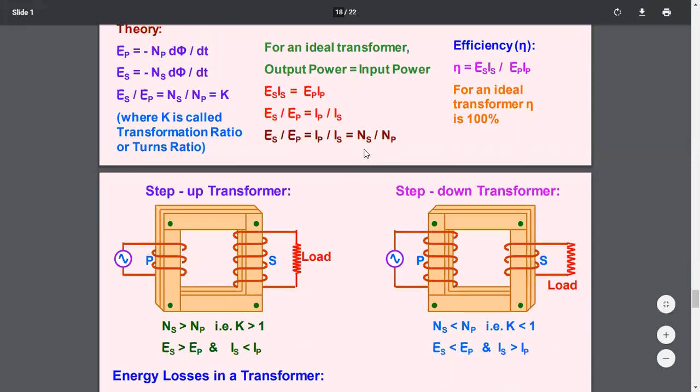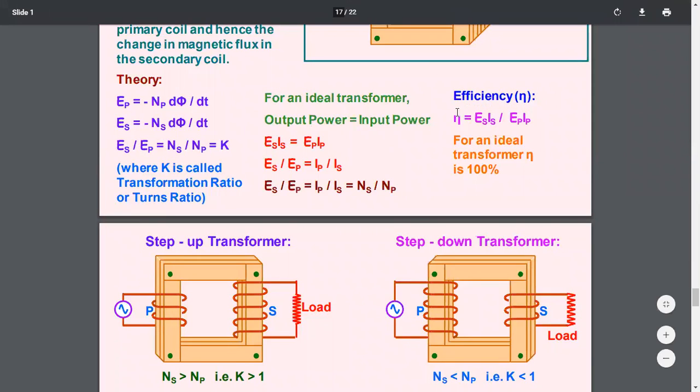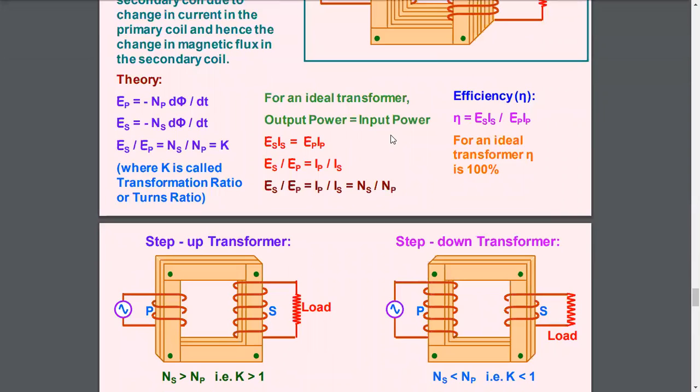And now come to the point, for an ideal transformer, we have to calculate the efficiency of the transformer. Efficiency of a transformer is basically defined as, whatever input is given to it, what percentage of input does it convert as output, and this is called efficiency.